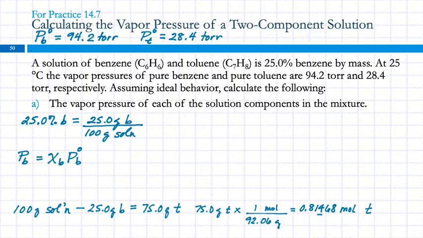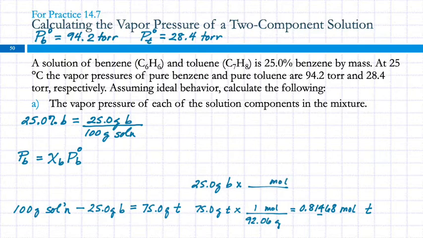It's important not to round stuff off too much. We don't want to round this to 0.8, because that's going to give us a wrong answer, and it's not going to really save us that much time. If we're going to do the problem, we might as well carry at least one extra digit and get the correct answer. And so we also need the moles of benzene. Hey Siri, what's the molar mass of benzene?